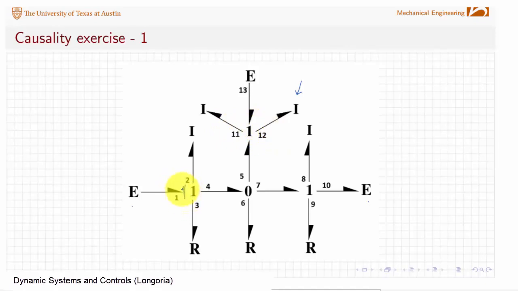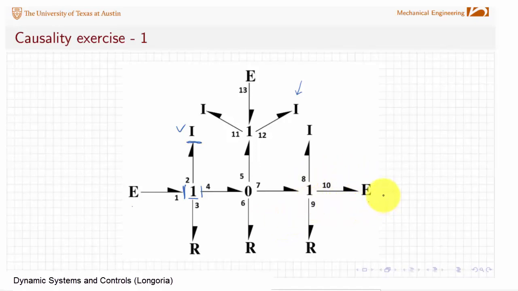Let's start with this effort source. 1 junction, which means I can apply integral causality. There's 1 independent state. Now I've applied a flow on this 1 junction, which means these 2 bonds have to be efforts, and that's complete here, but now flow is propagating into the 0, and so I'm free to move wherever I want now.